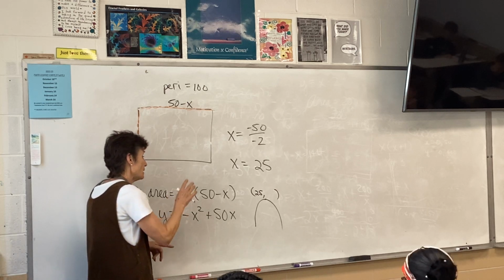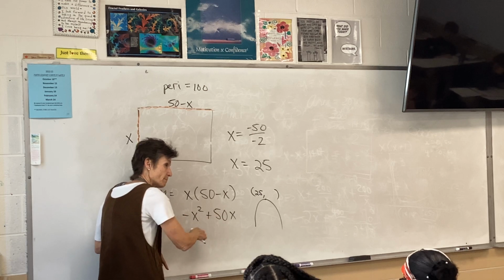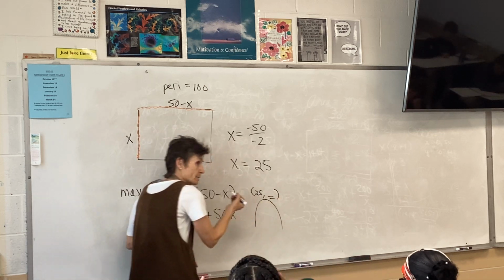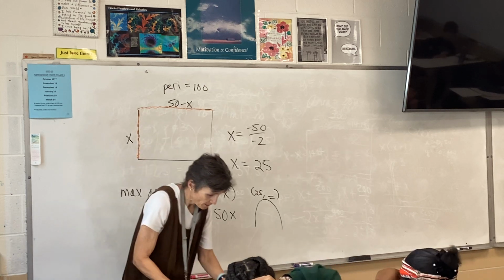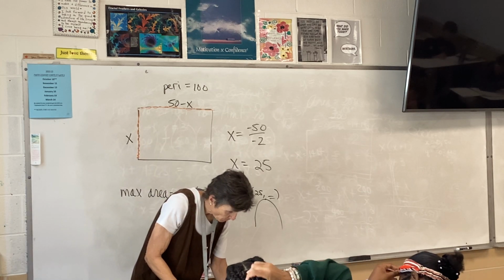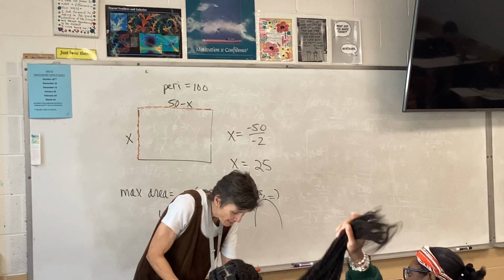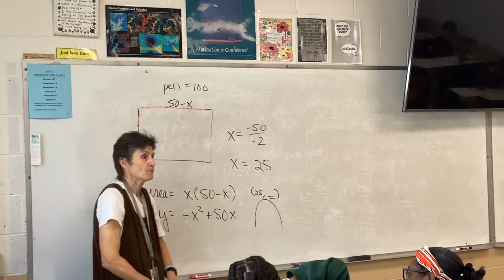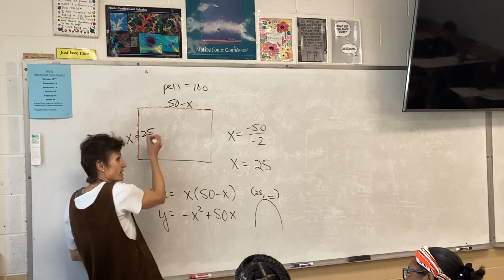Now, could I plug the 25 into my equation and get the y-coordinate? Yep. Do I need to do that, though? Let's read the question. The question says, number 54, find the dimensions of the rectangle. Well, isn't 25 this dimension right here?